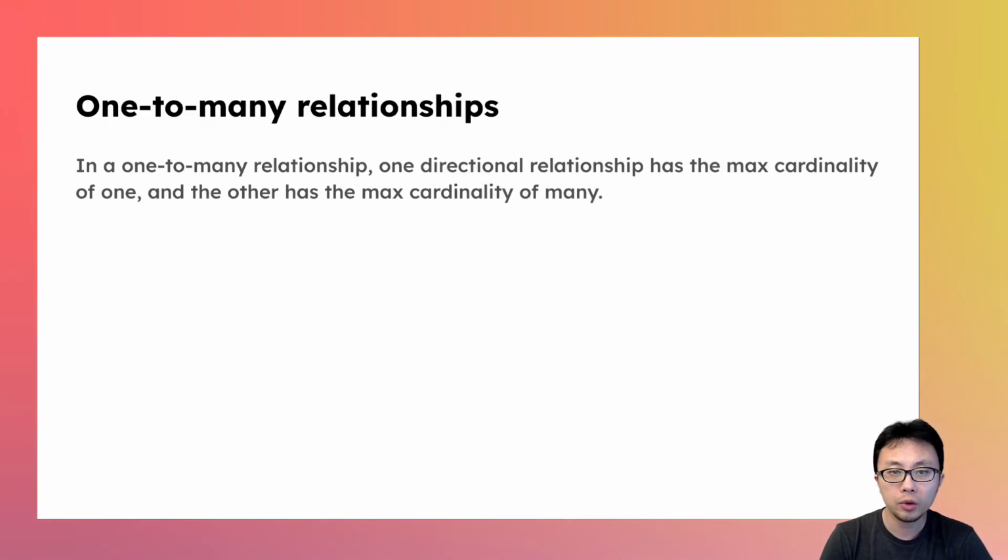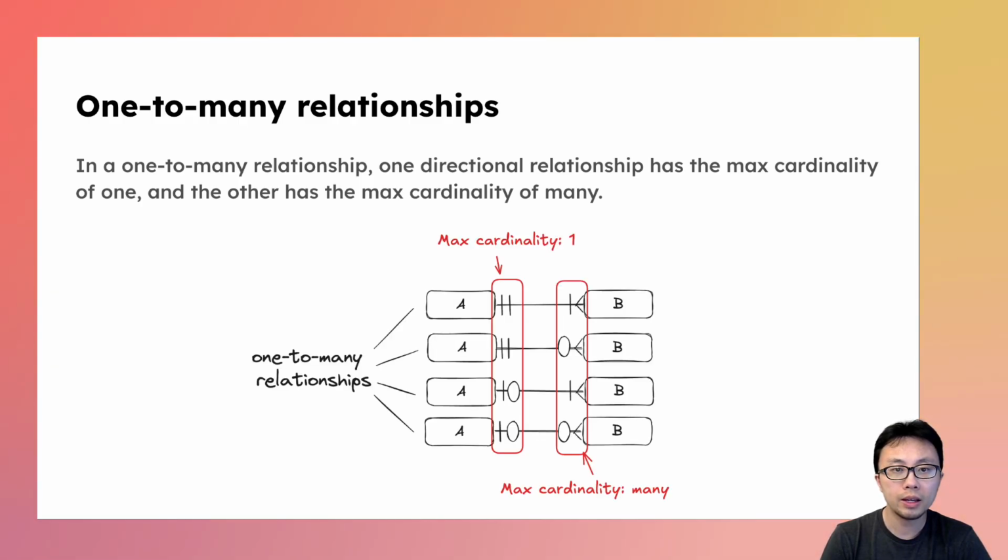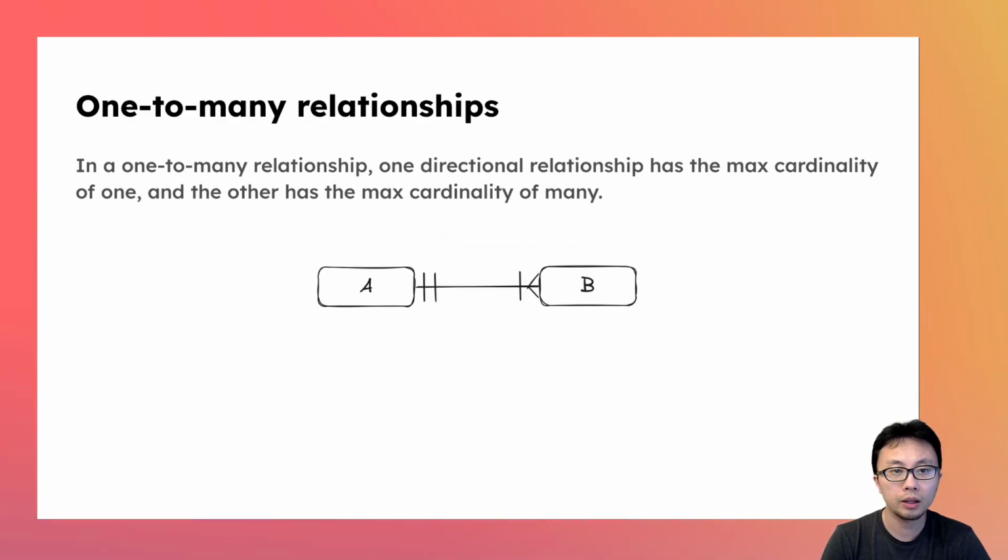In a one-to-many relationship, one directional relationship has the max cardinality of 1, and the other has the max cardinality as many. The 1 and many here primarily refer to the max cardinalities of the two directional relationships. If both min cardinalities are 1s in a given one-to-many relationship, it will create problems for data entry when they are implemented as tables.